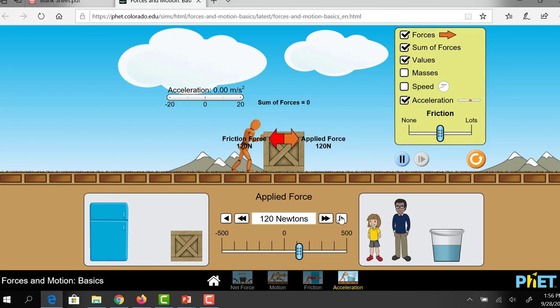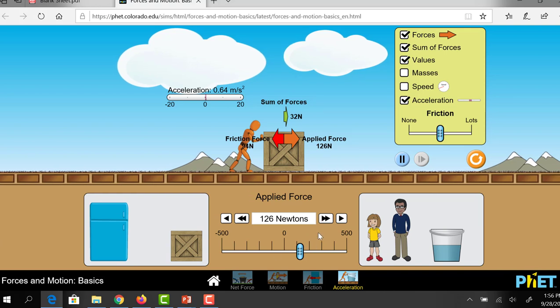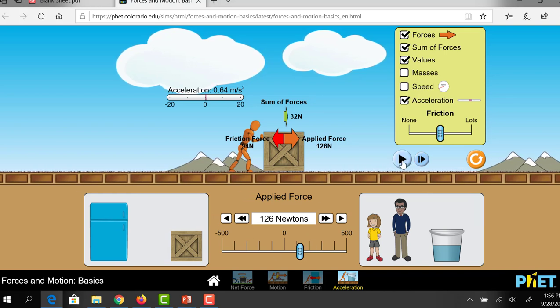Okay, as you see, I'm increasing this 120, 121, 123, 124, 125, and then I overcome friction. I'm going to pause this. So anything over 125 newtons will get this thing to actually move, and now I have kinetic friction. So the maximum amount of static friction that I had was 125 newtons.